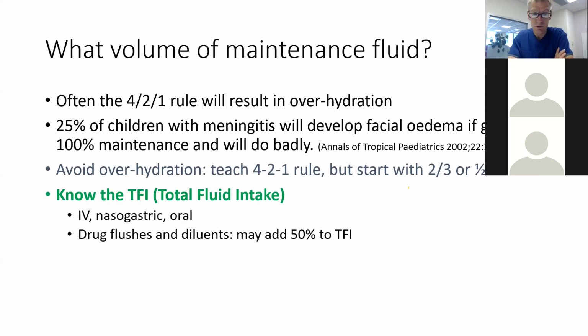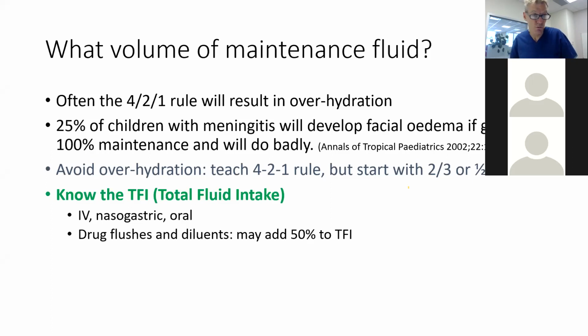But many children, not children with gastroenteritis or dehydration, but children with normal hydration, don't need as much as the 150-20 rule or the 4-2-1 rule, because if you give that intravenously, that will lead to overhydration. For example, if you give full maintenance fluid to children with meningitis, then a quarter of them will get facial edema, and they will have a higher risk of having cerebral edema. And so we need to avoid overhydration.